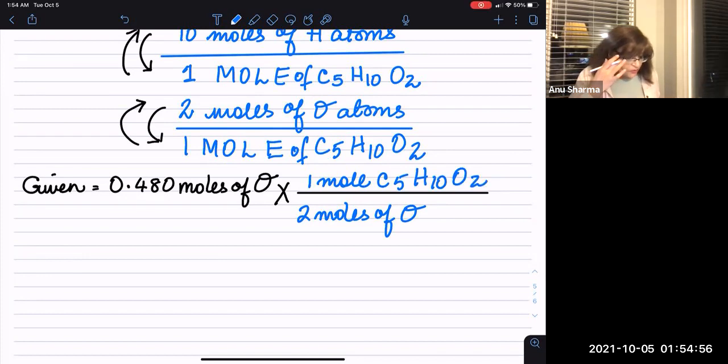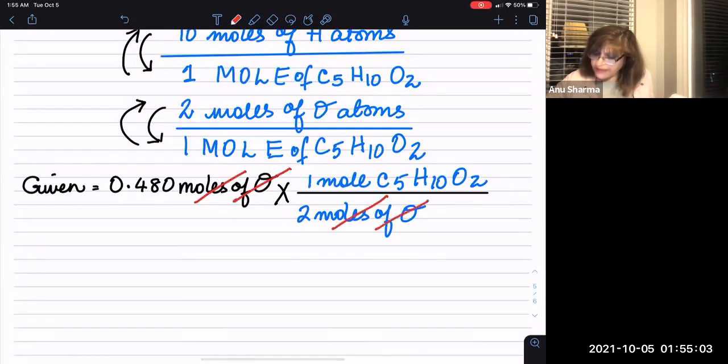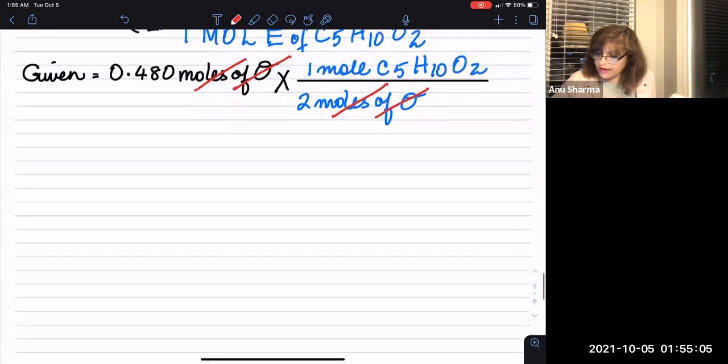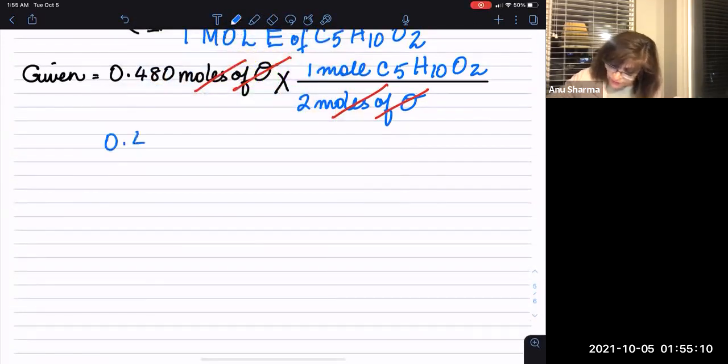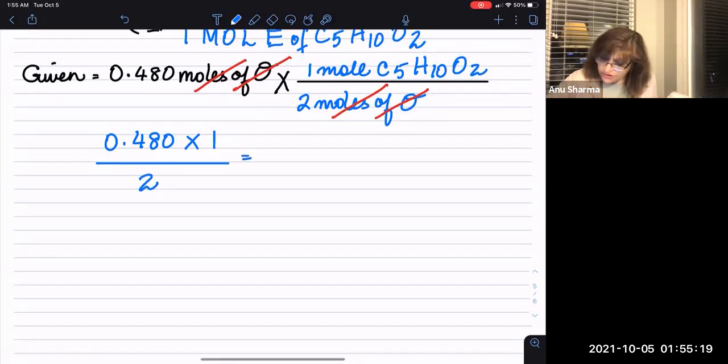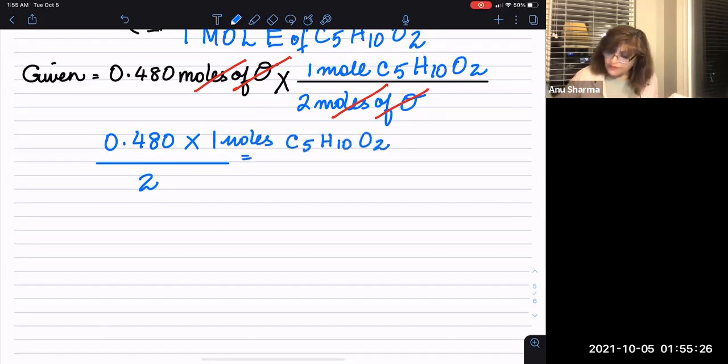Okay, so we see that these moles of oxygen and the moles of oxygen cancel out, and you are left with just the numbers, which is 0.480 times 1 divided by 2. Okay, so that relates to the moles of C5H10O2. All right, let's see.